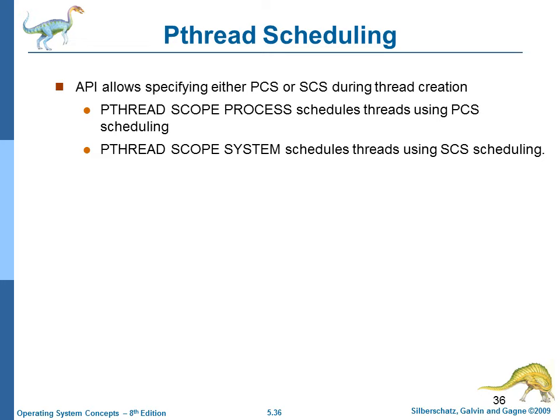And PTHREAD_SCOPE_SYSTEM schedules threads using system contention scope by binding user threads to a particular lightweight process, implementing the one-to-one model. The get scope and set scope methods provide for determining and setting the scope contentions.